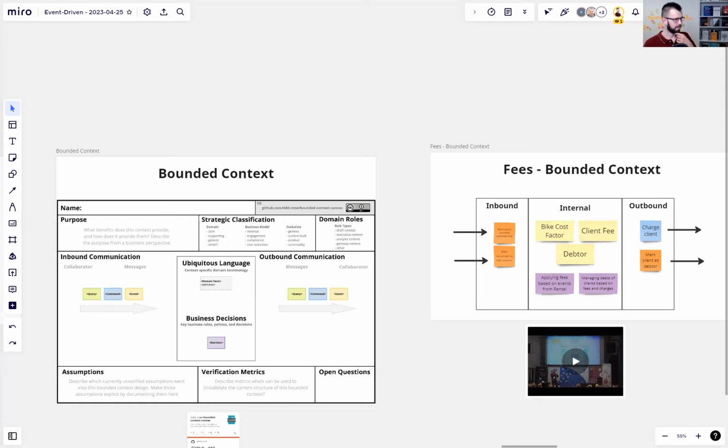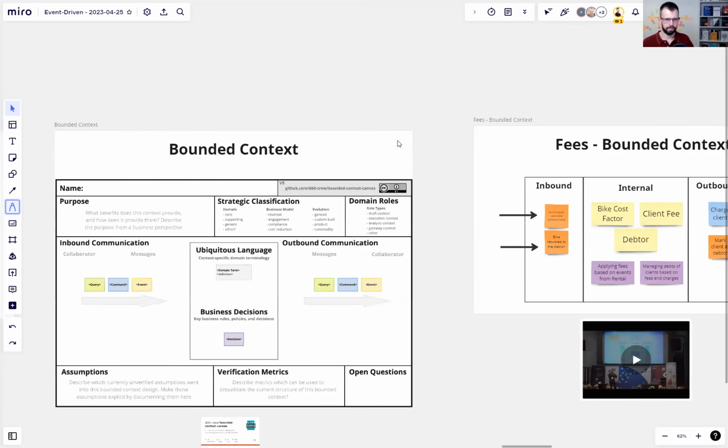I just want to ask one maybe silly question, naive question, because you started with the process level event storming, and you end up with bounded context. Did you intentionally omit the big picture event storming? Yes, I intentionally omitted it in this case.